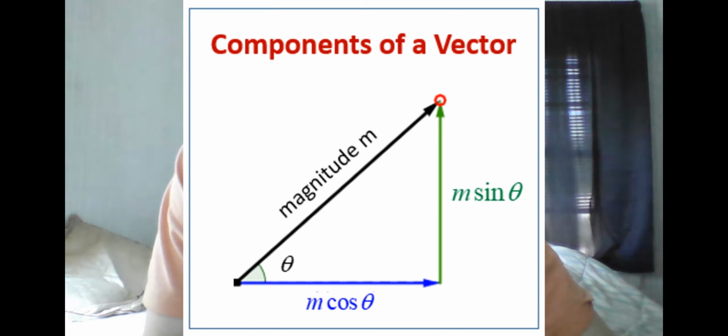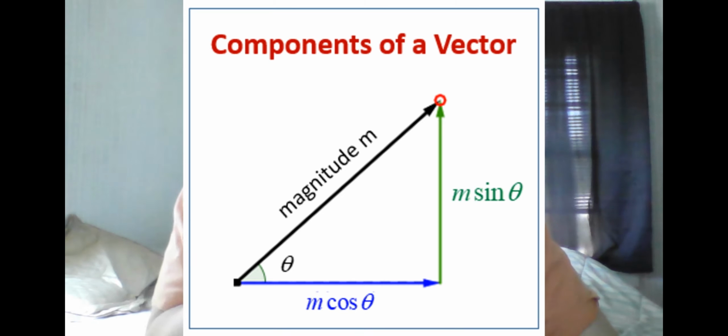In particular, if we pay attention to the fact that the sine of the angle equals opposite over hypotenuse, or in this case, the y component over the length of the vector, we can rearrange this equation and see that the y component must be the length of the vector times the sine of the angle, once we multiply the definition of the sine of the angle by the hypotenuse, in order to isolate the y component.